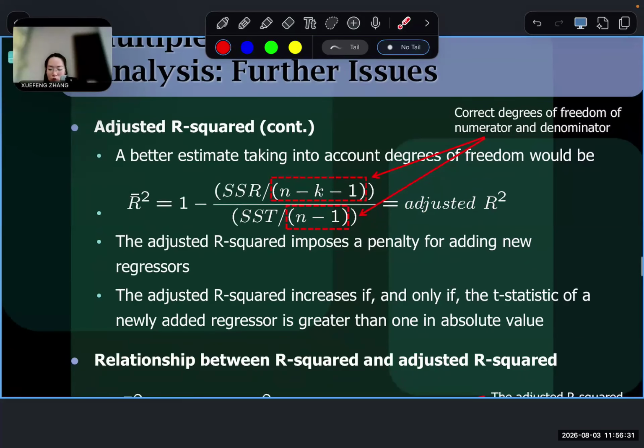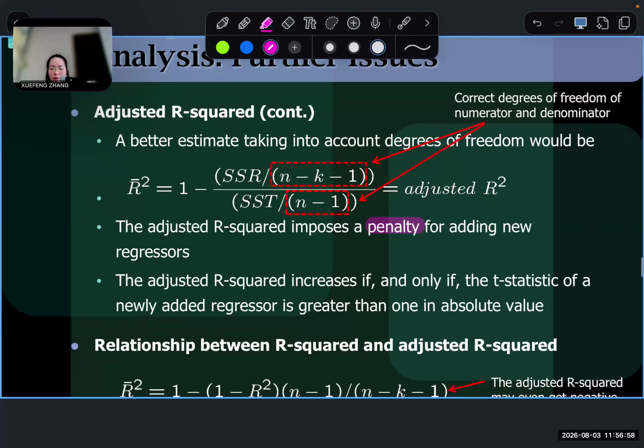What is the property? The adjusted R squared imposes a penalty for adding new regressors. For ordinary R squared, if you put more x in your model, the R squared will increase for sure, right? Because more x can explain y better. But adjusted R squared imposes a penalty.